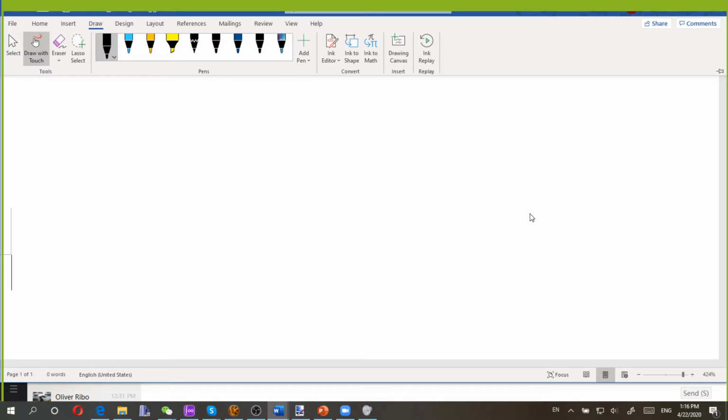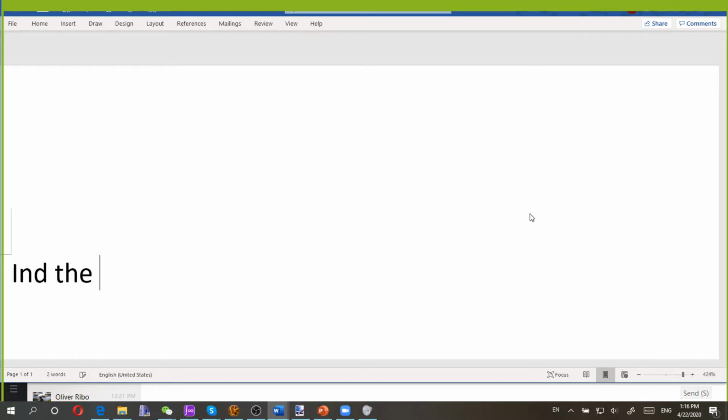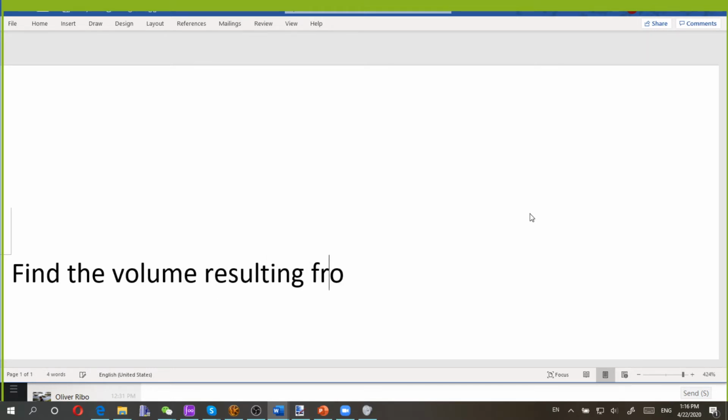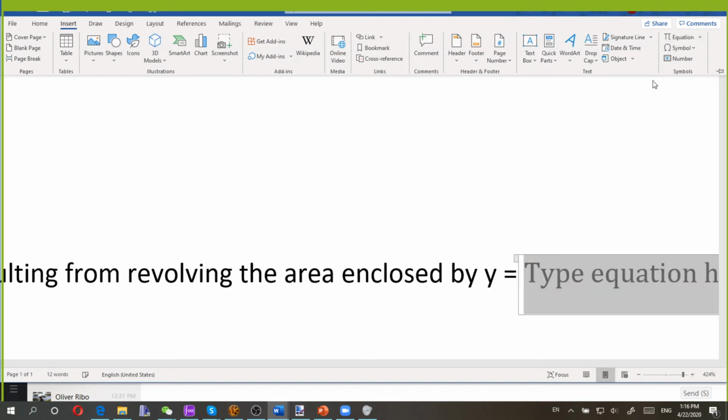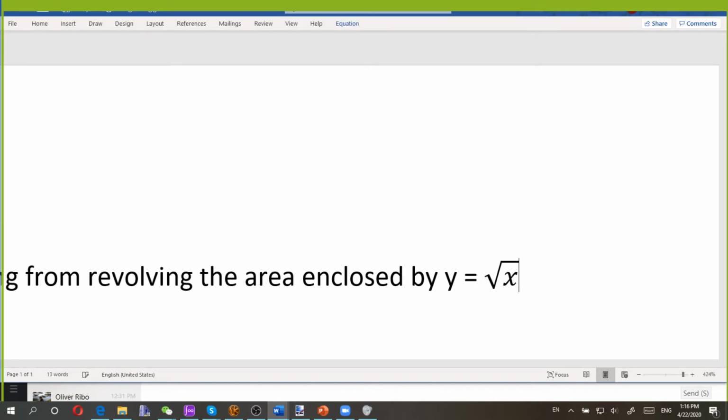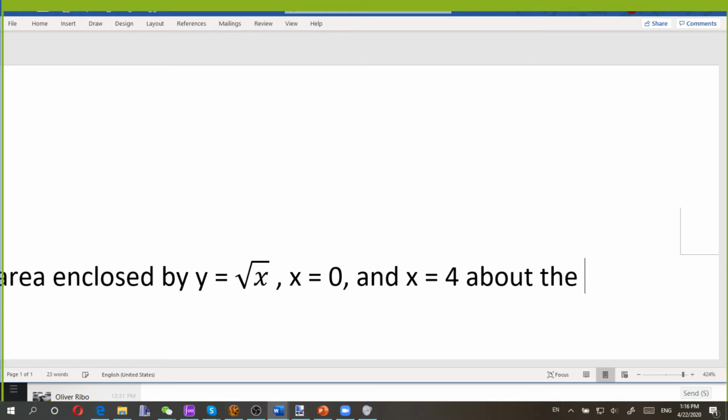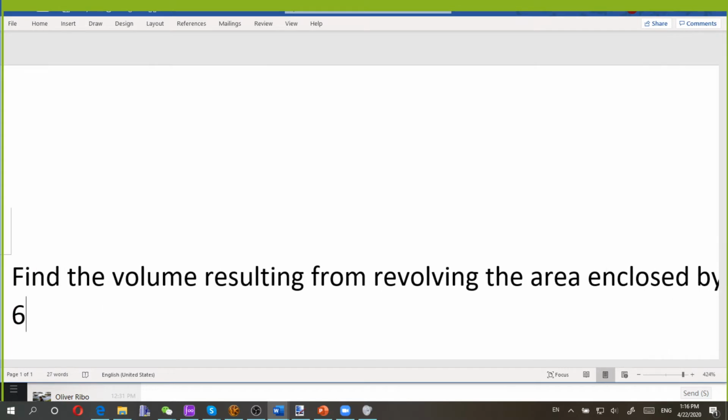We are going to find the volume resulting from revolving the area enclosed by y equals the square root of x, x equals 0 and x equals 4, about the line y equals, I'll say 6.